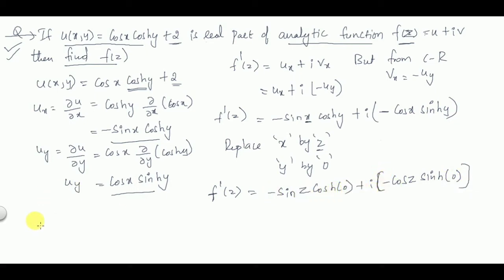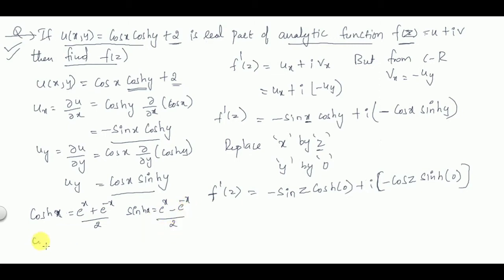Okay, so what is the cosh x formula? Cosh x is given by e^x plus e^(-x) divided by 2. Similarly, the sinh x formula is e^x minus e^(-x) by 2.